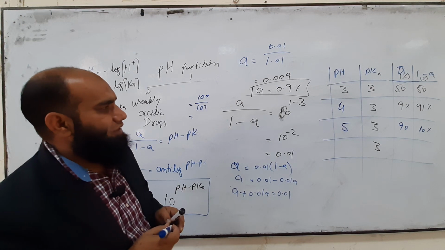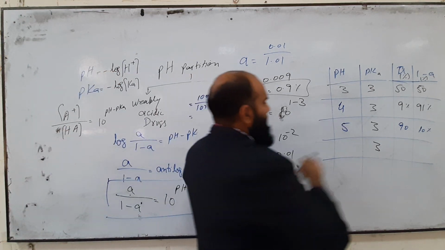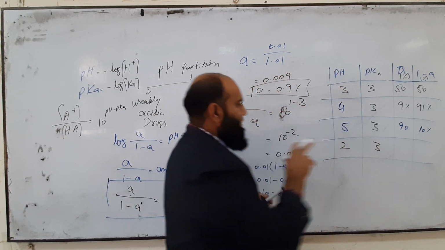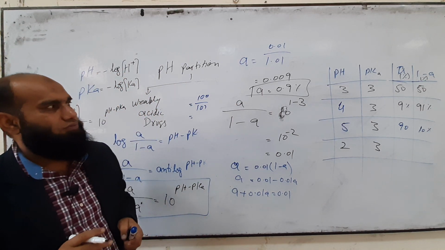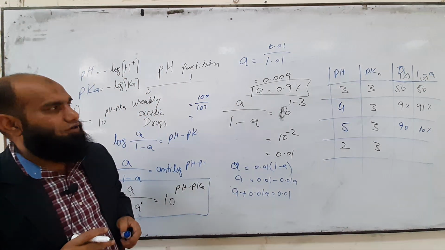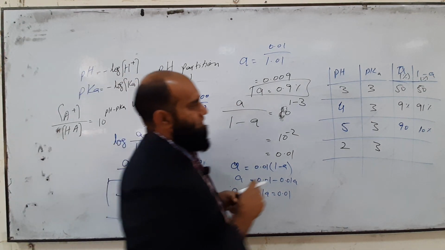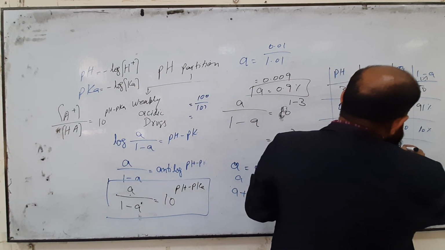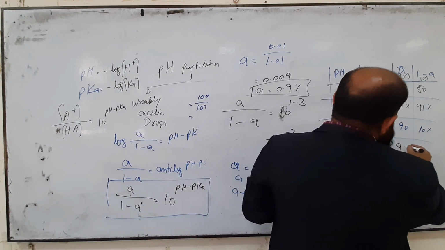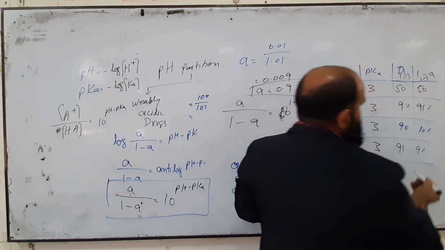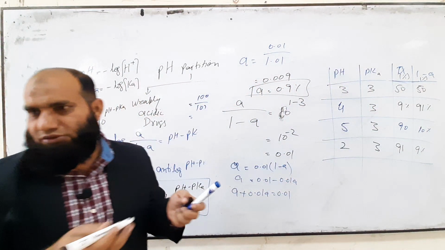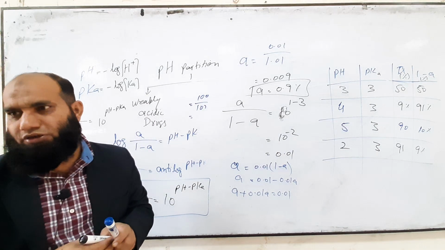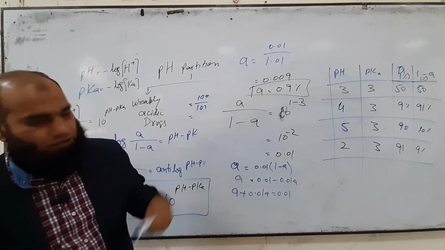Okay, when we discuss the scenario of the difference of -1, we have the value of 0.9. We will change this value: 91% ionized and 9% unionized. I guess it's somewhat difficult to learn now. First of all, we can make another example.